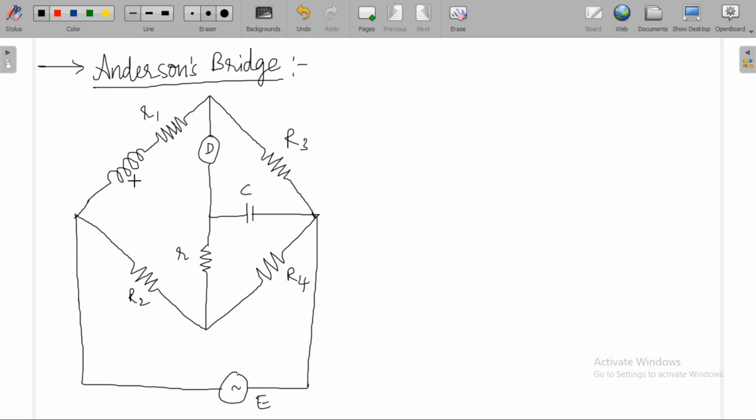L1 is the inductance of this inductor and R1 is the resistance of this coil. You can also draw this branch like this. This will be small r1, L1 and R1.